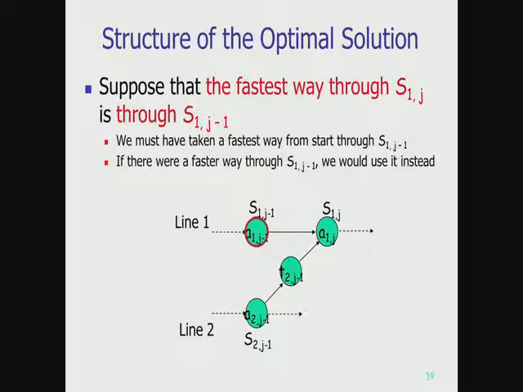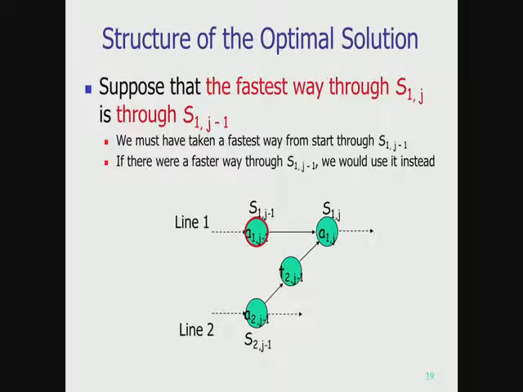We now make the observation that the fastest way through S1J is through S1J minus 1.